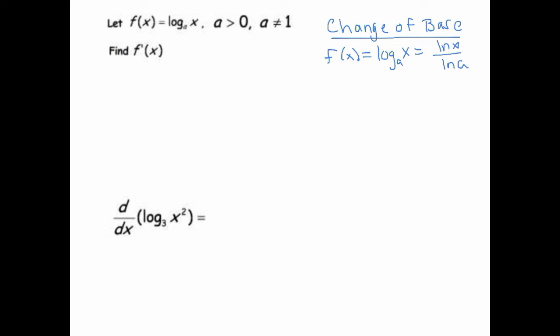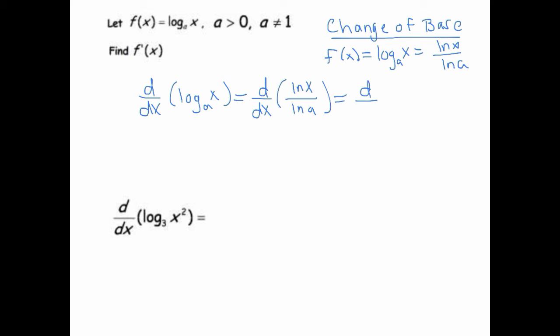So if I view the function like that, then the derivative of log base a of x is the same as the derivative of ln of x over ln of a, which I'm going to write with 1 over ln of a as a coefficient, so that it's obvious that that's just a number.